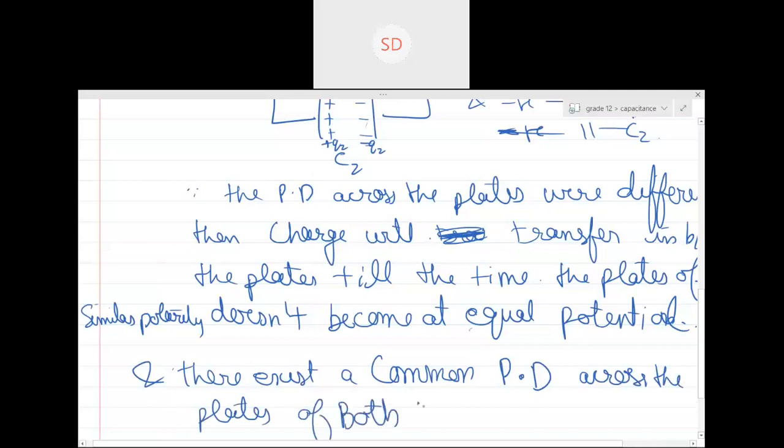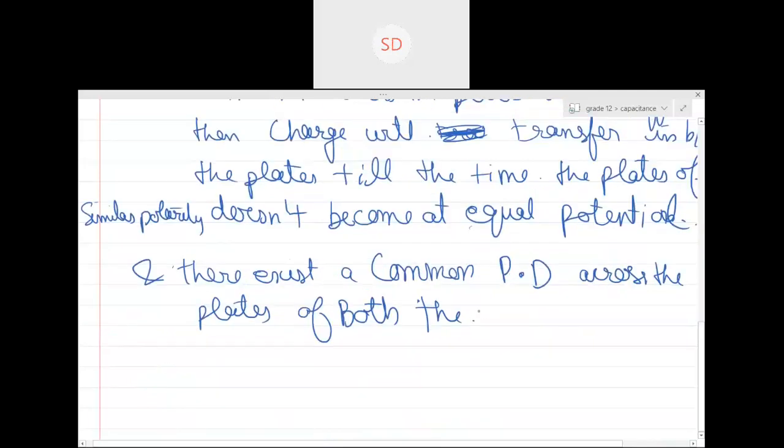Until the potential difference across both becomes the same, till that time the charge will transfer between both the capacitors. Okay, that implies what basically?